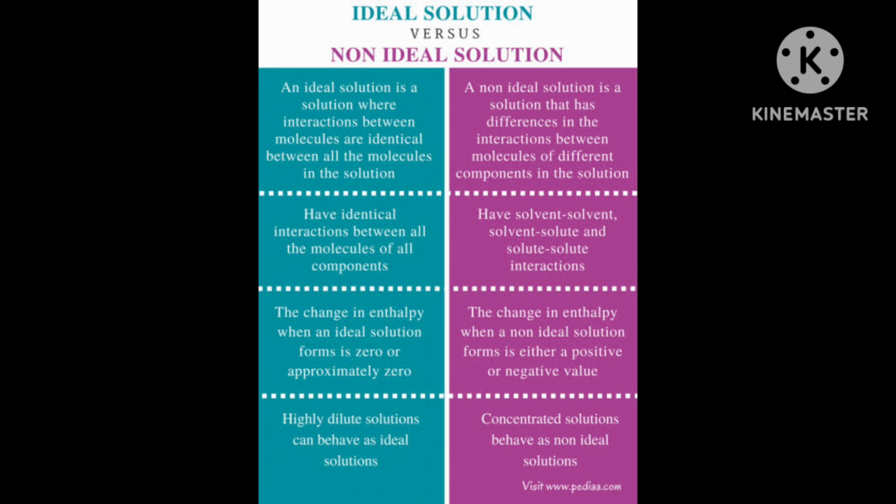Iodine is a solid, sulfur is also a solid, and they can be dissolved in carbon disulfide, which is a liquid. Some physical properties of these solutions are quite different from those of the pure solvent.